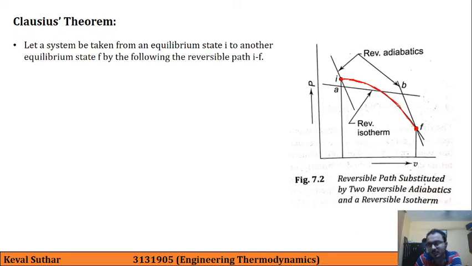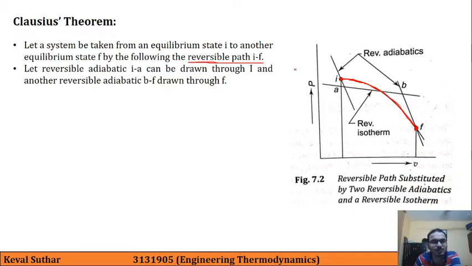That is a reversible process, so the meaning is that we can go from I to F as well as F to I. So this is our actual process through this reversible path I to F on a PV diagram. You should only focus on this process I to F as of now.